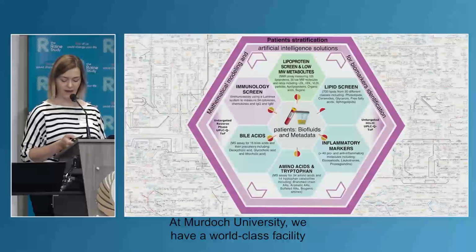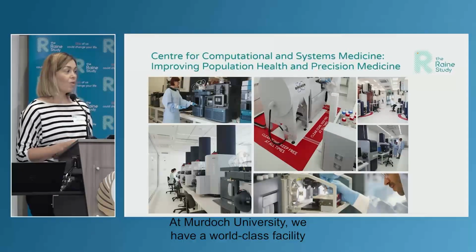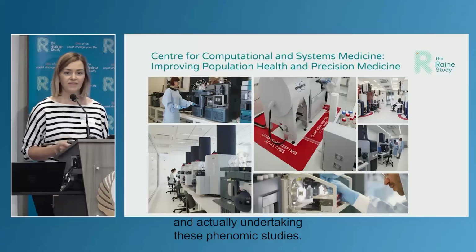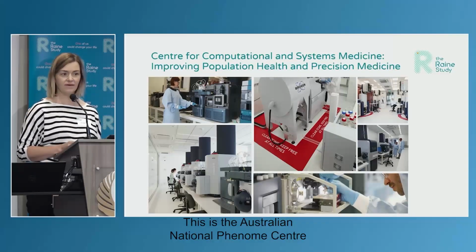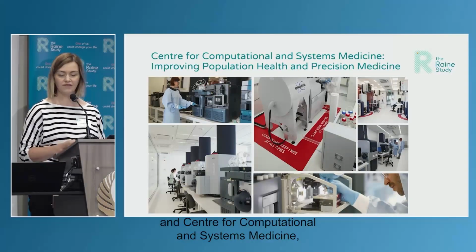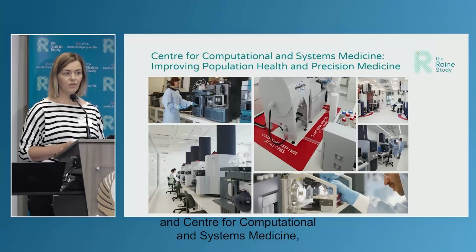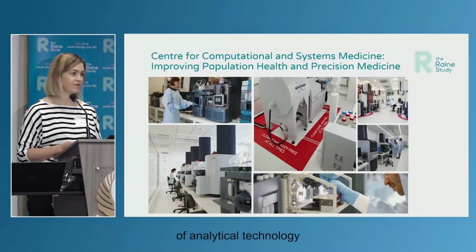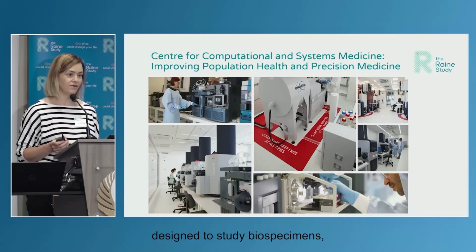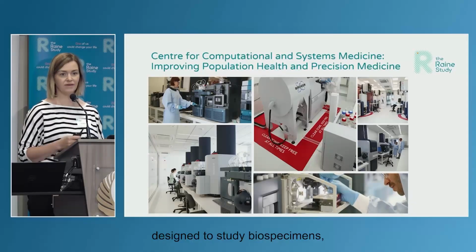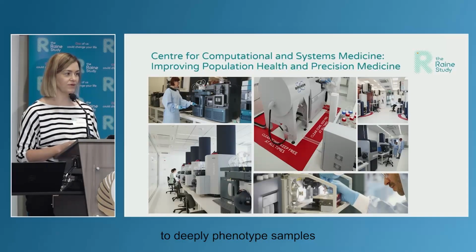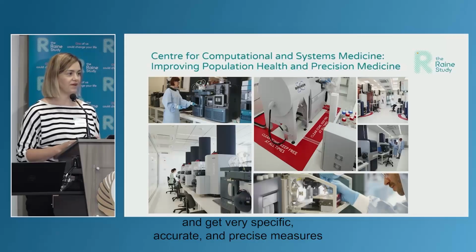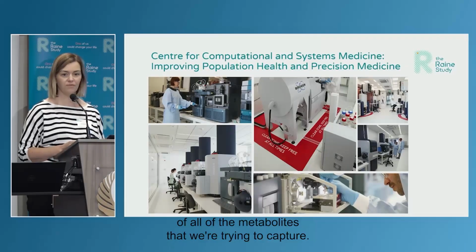At Murdoch University, we have a world-class facility in actually undertaking these phenomic studies. This is the Australian National Phenome Centre and Centre for Computational and Systems Medicine, which houses a huge array of analytical technology designed to study biospecimens, to deeply phenotype samples, and get very specific, accurate and precise measures of all of the metabolites that we're trying to capture.